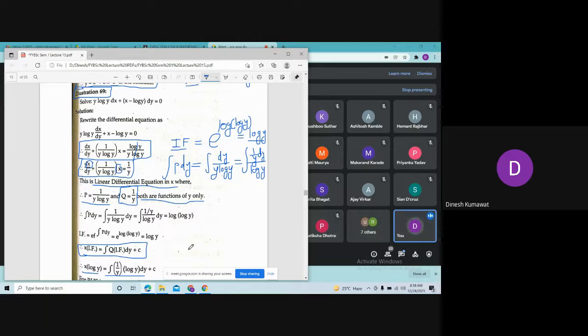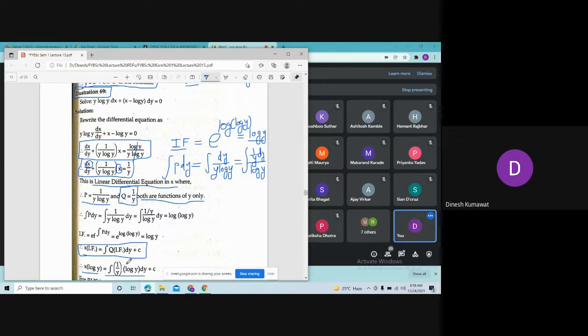Tell me that property. Otherwise, just tell me how you are going to solve this. If we don't know some properties, we should generally be able to solve the integration.